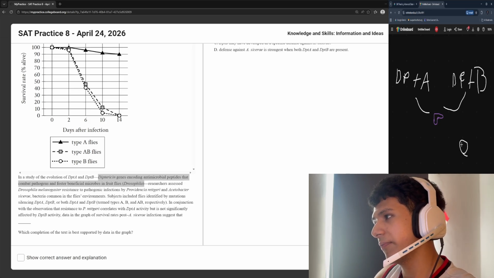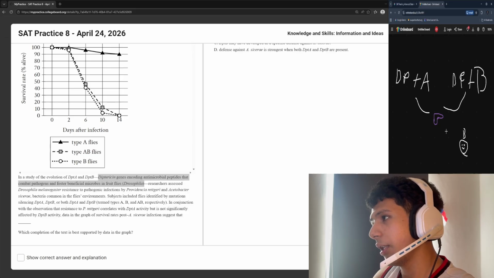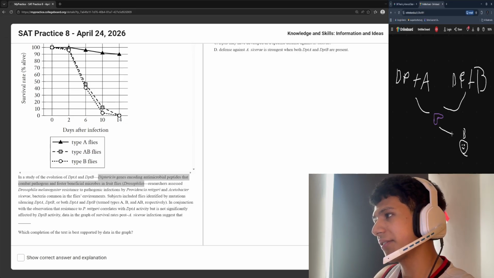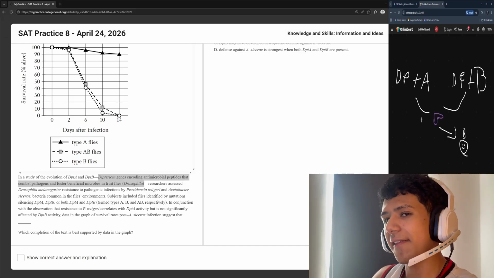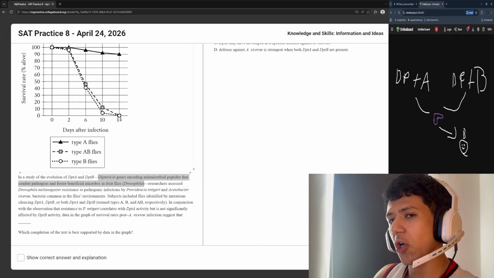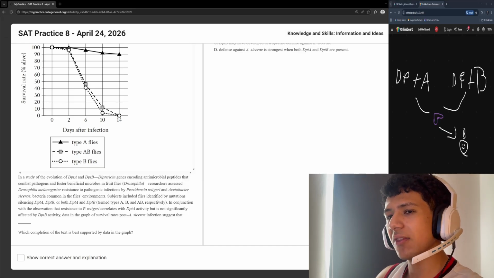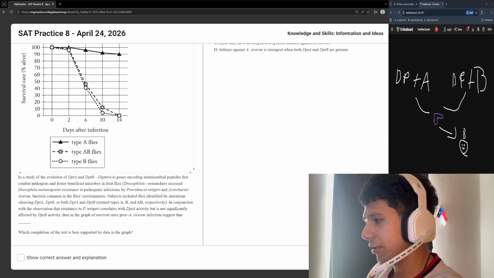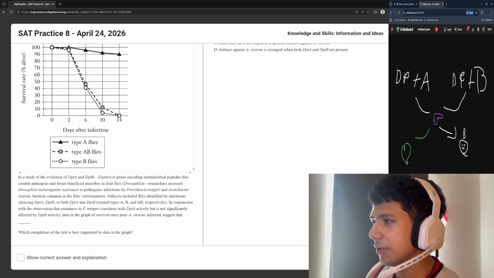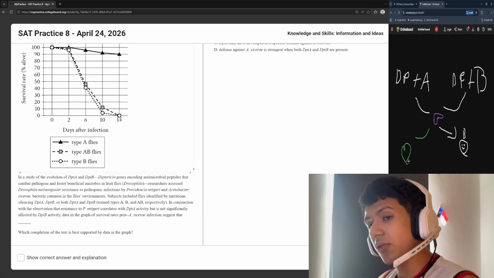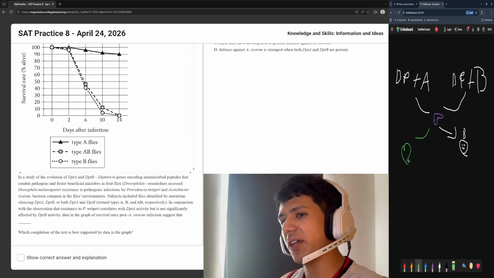This is bacteria. Both of them combat bacteria, which means they fight it. And that's not the only thing they do. They also foster beneficial microbes, which means they make the fruit flies healthier, right? So we know that those two genes do that to the fruit flies.